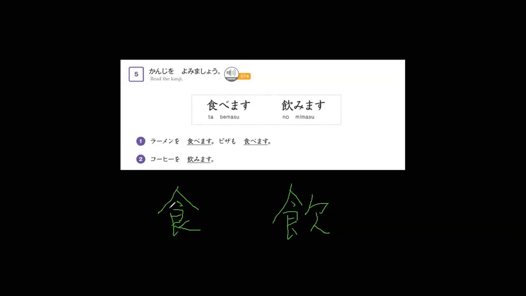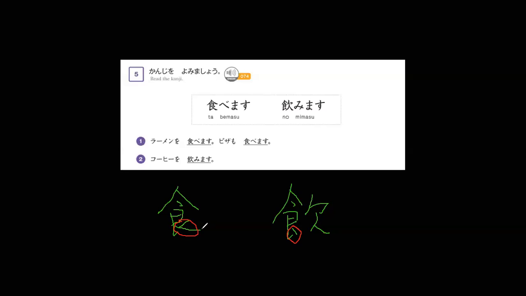A kanji character can sometimes be a part of another character. And in this situation, the size, shape, or strokes may change. Here we can see this part.